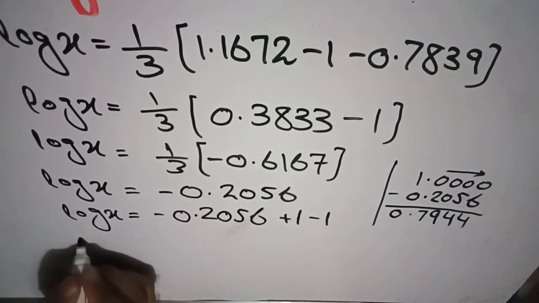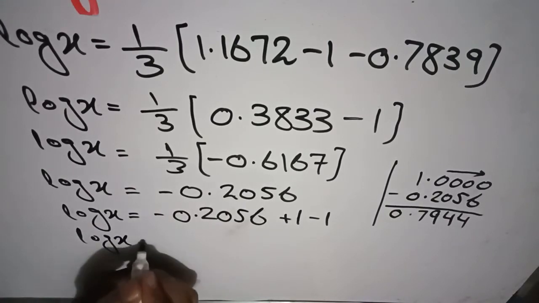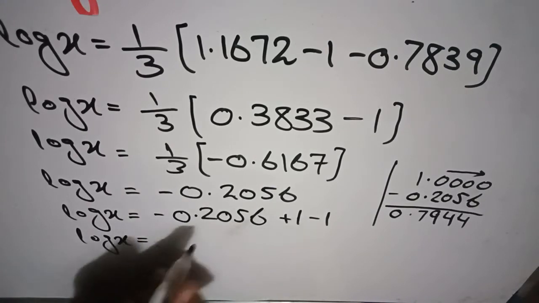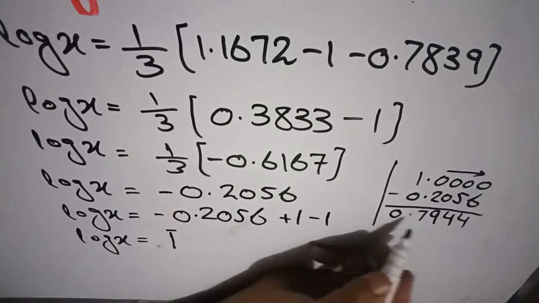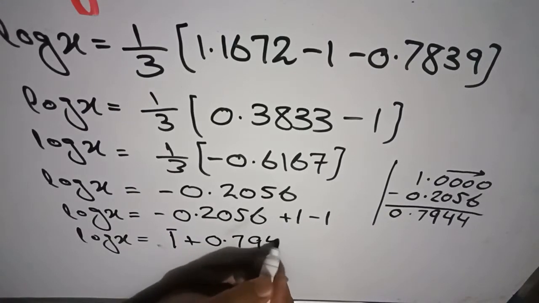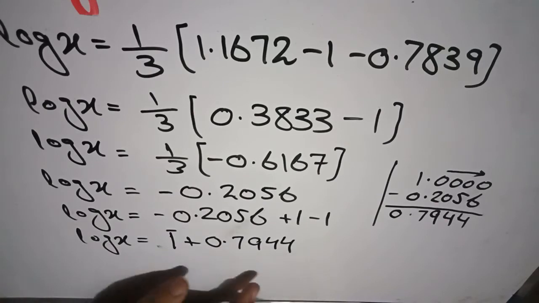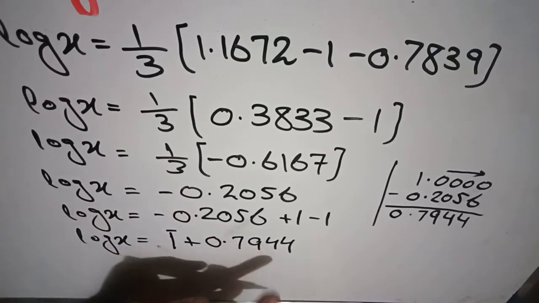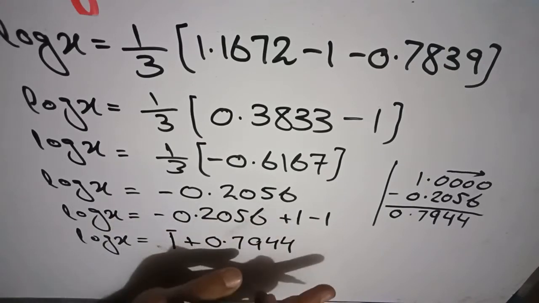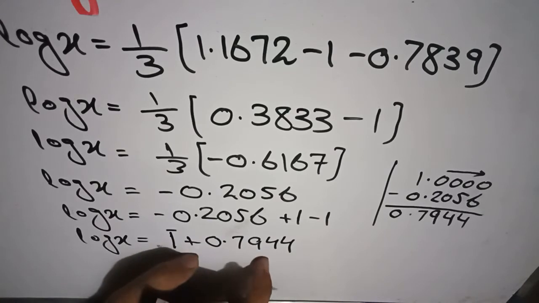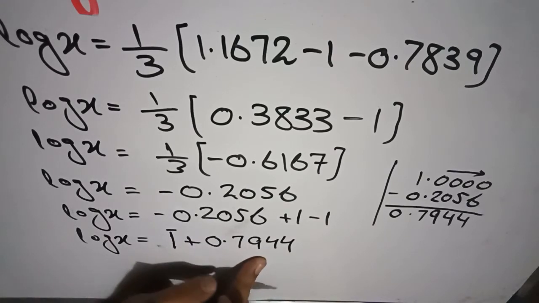Now you know the fact that this is the negative value and this is the positive value 0.7944. But keep in mind, you will not subtract these values. You will deal with the decimal value with the decimal and the whole number with the whole number.